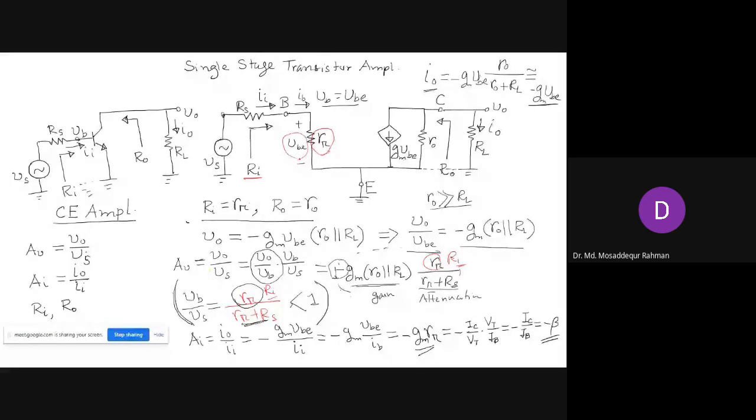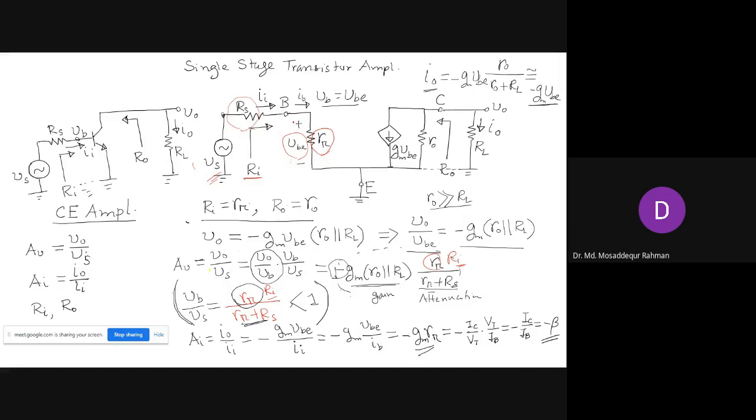Less and less fraction of Vs will appear at the base-emitter terminal. More voltage will drop across Rs. You will lose more signal. The lower the value of Ri, the higher the loss of signal in Rs, and the lower your overall gain.